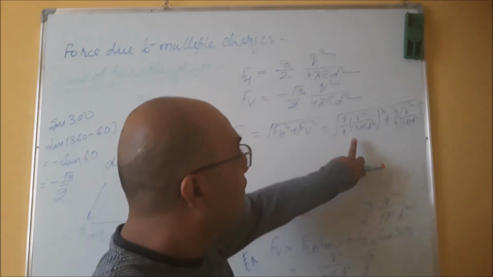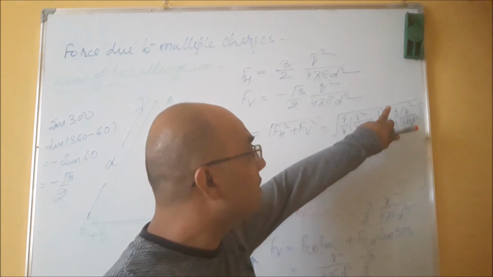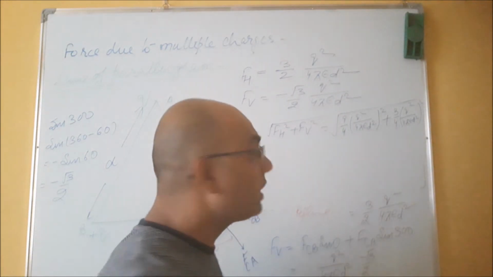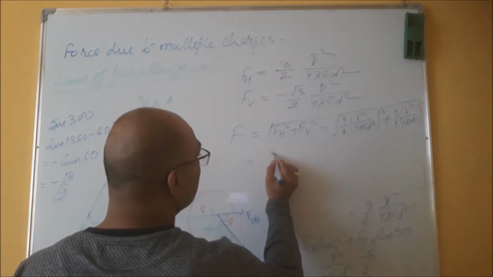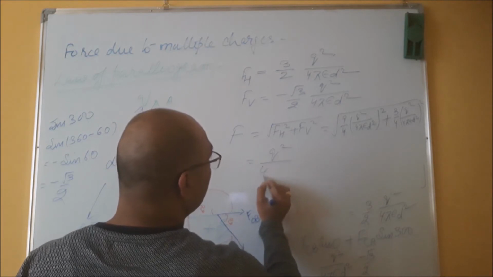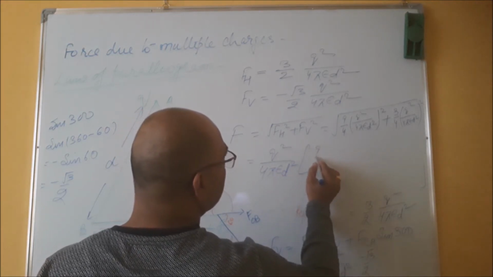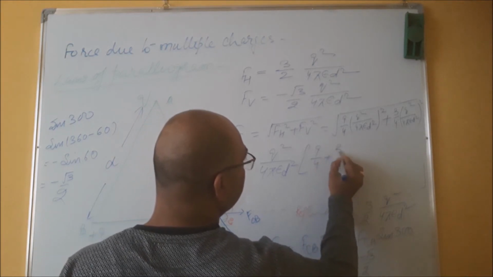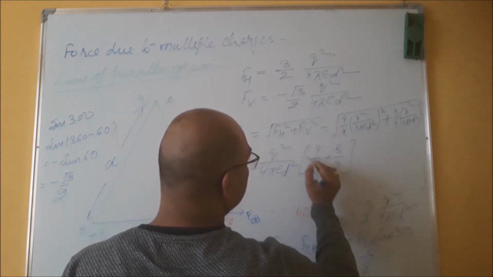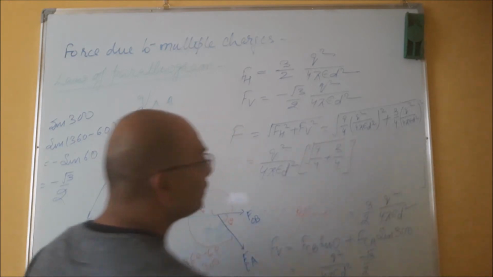Now you see, this term you can take common, and since this is a square, it will come outside. So what you will get: q square upon 4 pi epsilon d square, 9 upon 4 plus 3 upon 4, something like this.